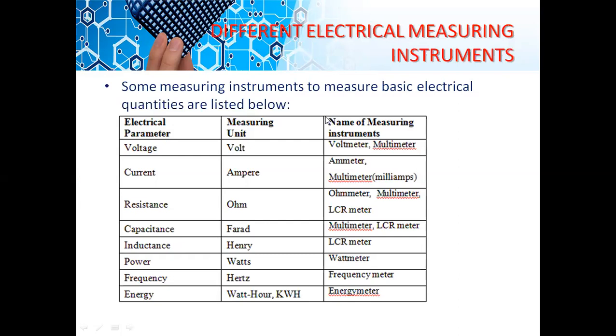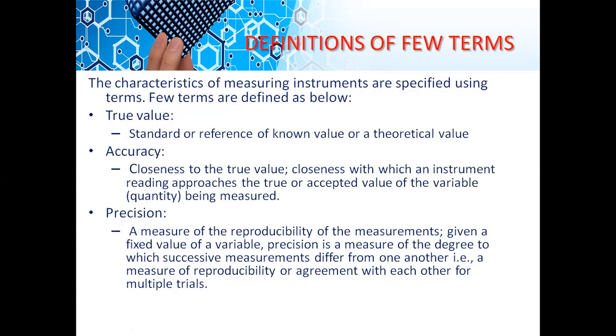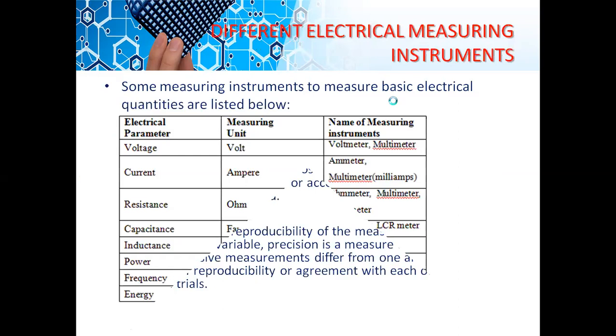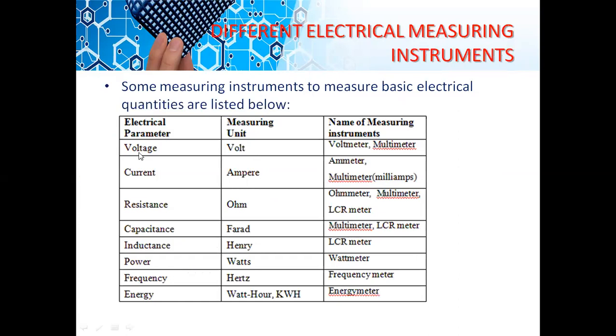Now let us see some measuring instruments to measure basic electrical quantities like voltage. Voltage units are volts, and voltmeter and multimeter are the measuring instruments used to measure voltage.